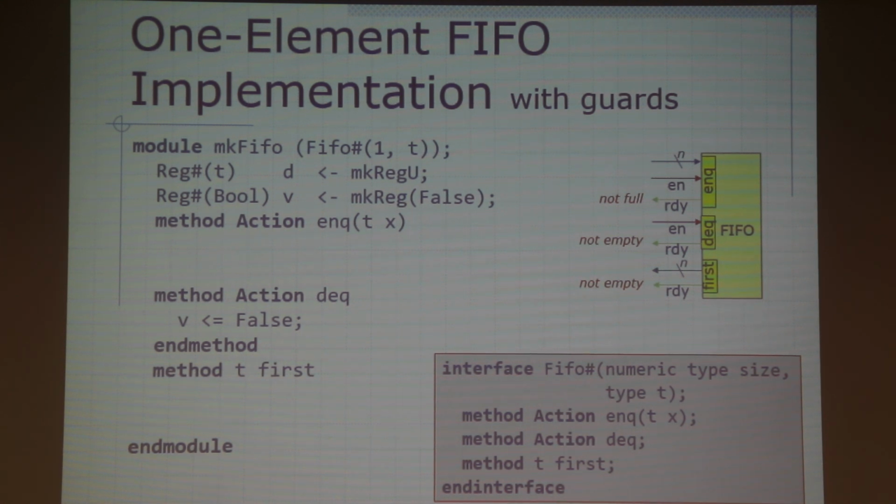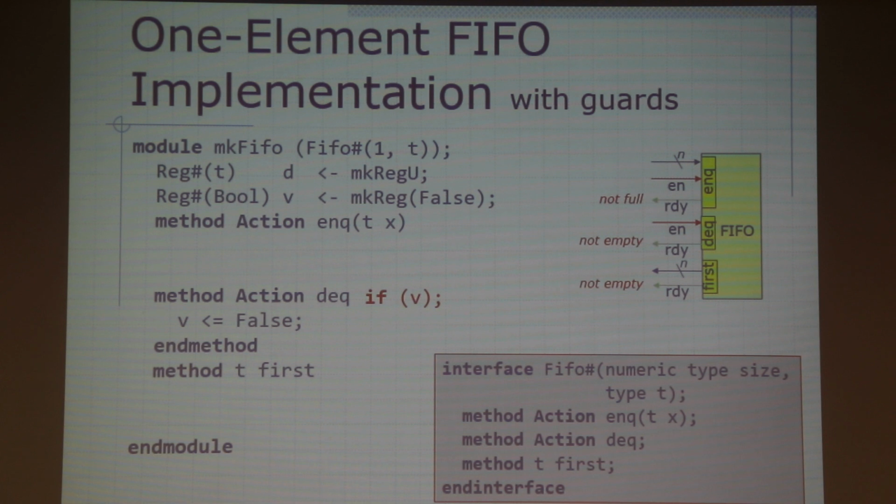And first, there better be something before you read it, and it just returns D. NQ, D will get X and V will get true, and guard.